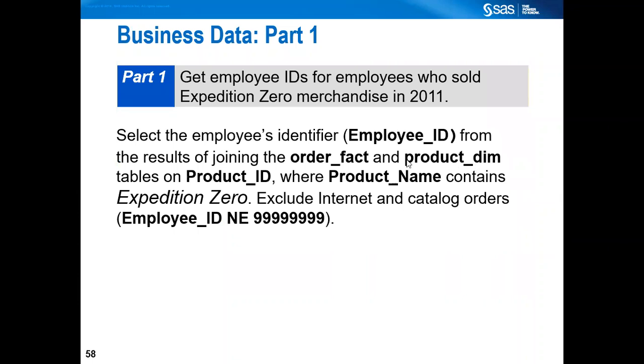Each employee ID comes from the results of joining order fact and product name. See what I said? Take the product ID from the product name table where the product name contains the word Expedition Zero. And we want to exclude all those employees performing sales through the internet and catalog, because for internet and catalog there is no employee ID.